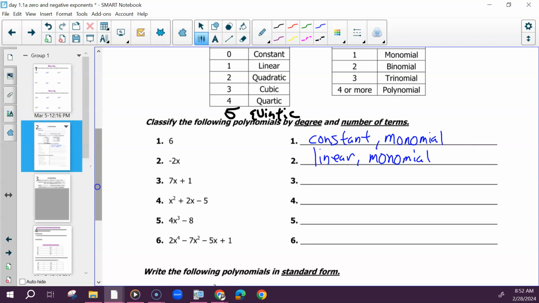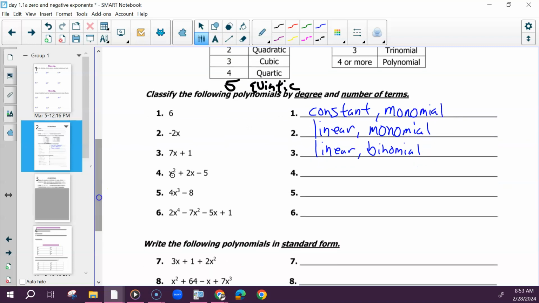Number 3. Linear and which one? Binomial, yes. So linear because of the x, binomial because it has 2 terms. Number 4. Quadratic trinomial, it has the exponent of 2, and there are 3 terms.